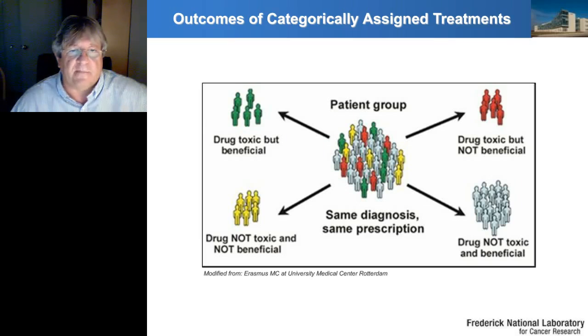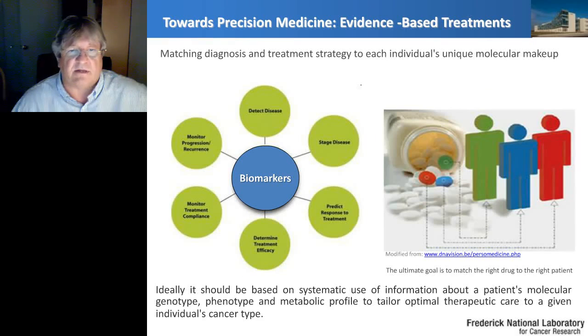Then the drug can be beneficial but toxic, which is also not a favorable outcome, and not toxic and not beneficial. So there is only one group of the people diagnosed with the same cancer that will have no toxic effect and the benefits. And you can see that that is a very small population of people, but that is unfortunately the only way the treatment has been assigned.